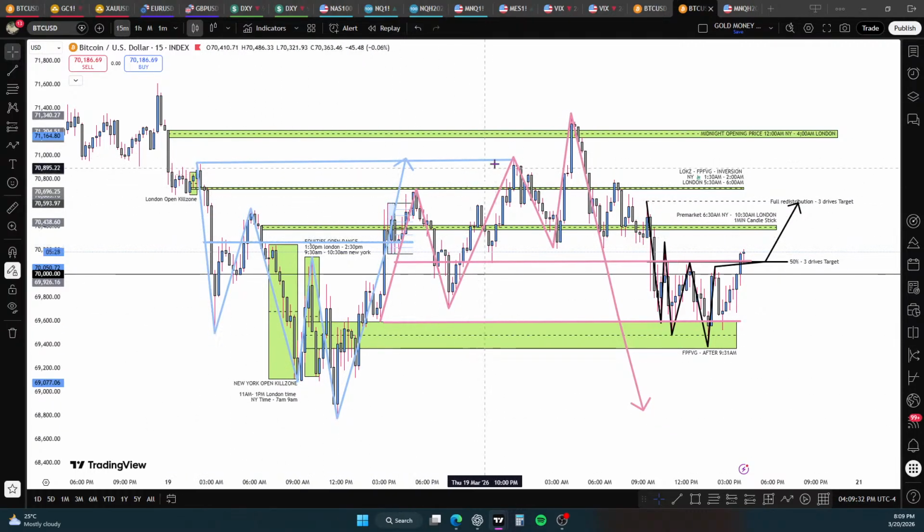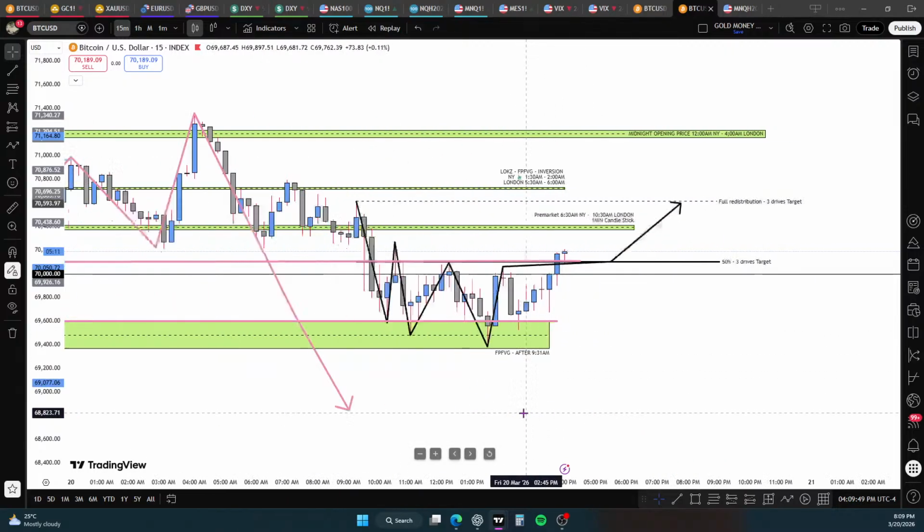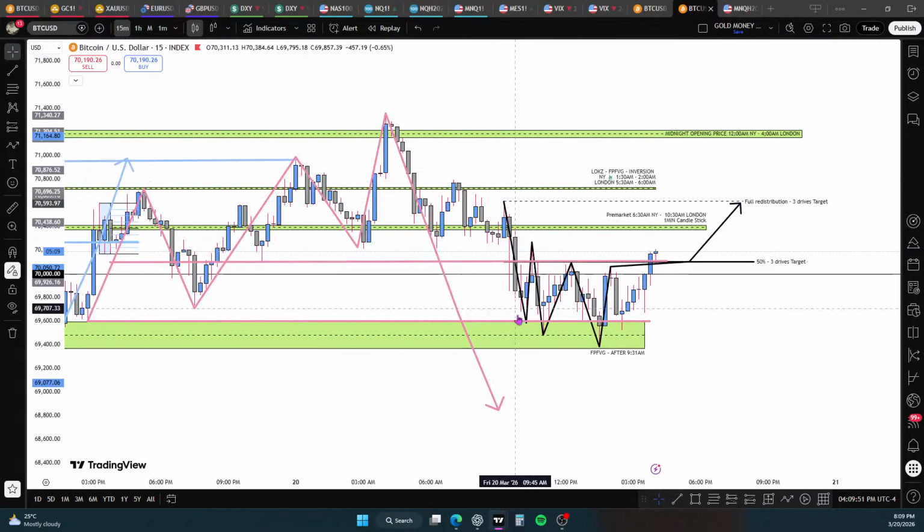So I got hit here and here, and then 1, 2, 3 highs, and then 50% of this pull is going to be here and to here, which is the full redistribution at the low there. And then you have the 3 here, which is the 1, 2, 3, and then the 50% retracement target is there.